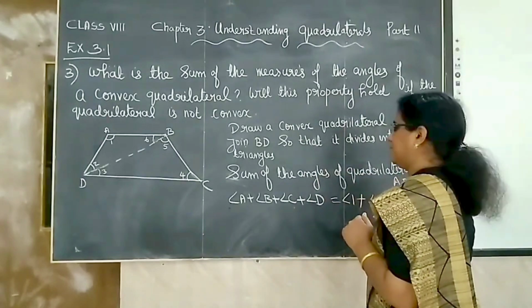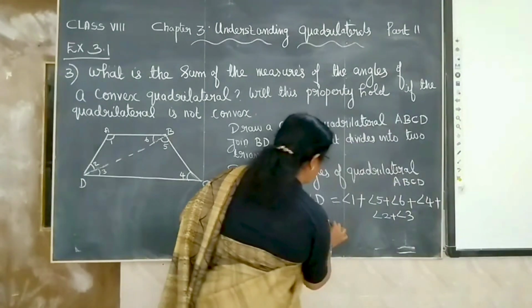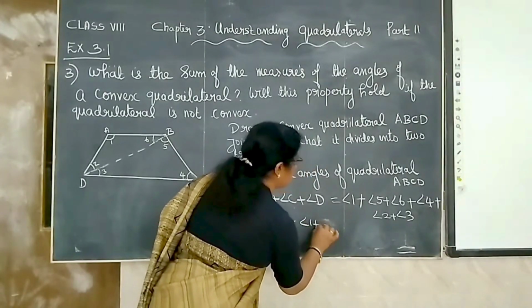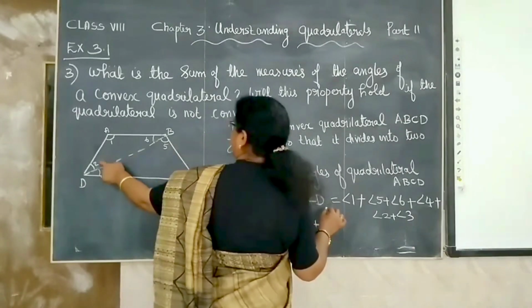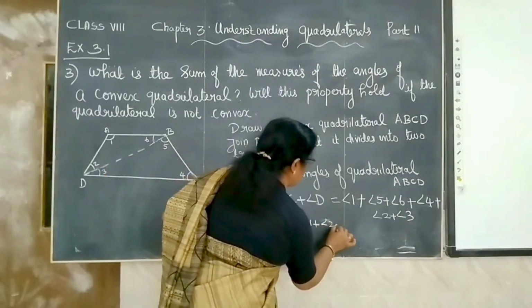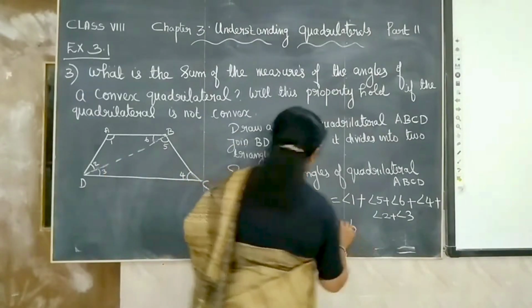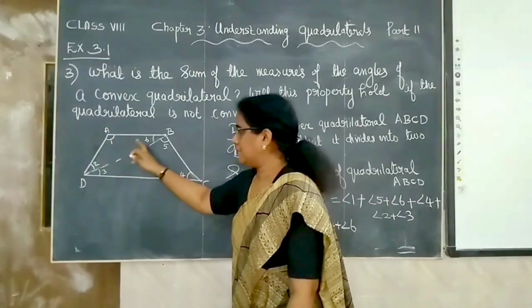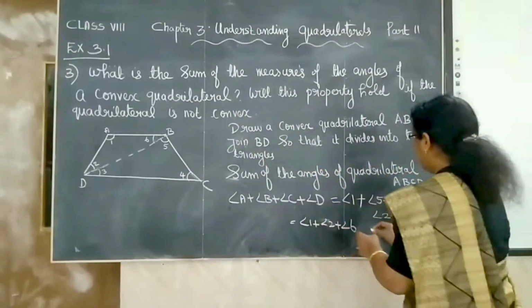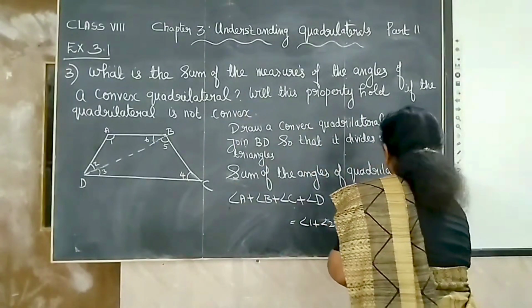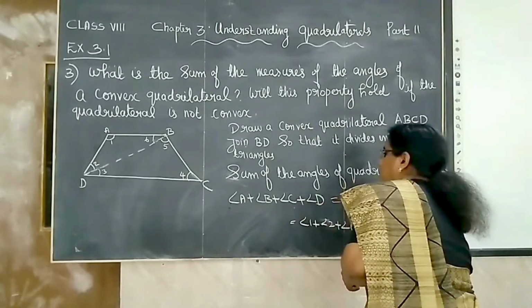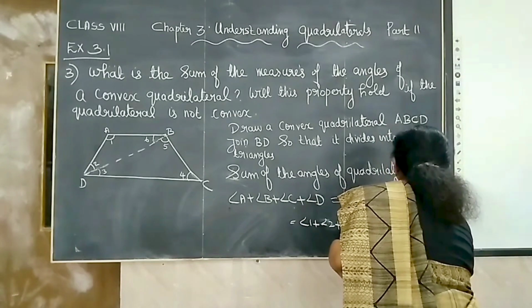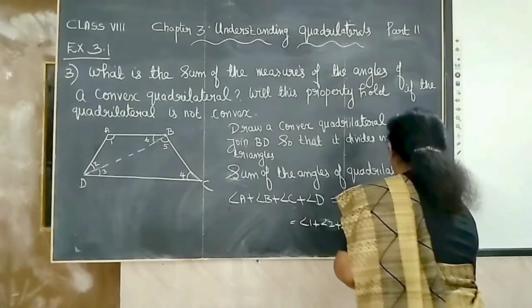Angle 1 plus angle 2 plus angle 6. First we have written that. Then plus the remaining angles, that is angle 3 plus angle 4 plus angle 5.